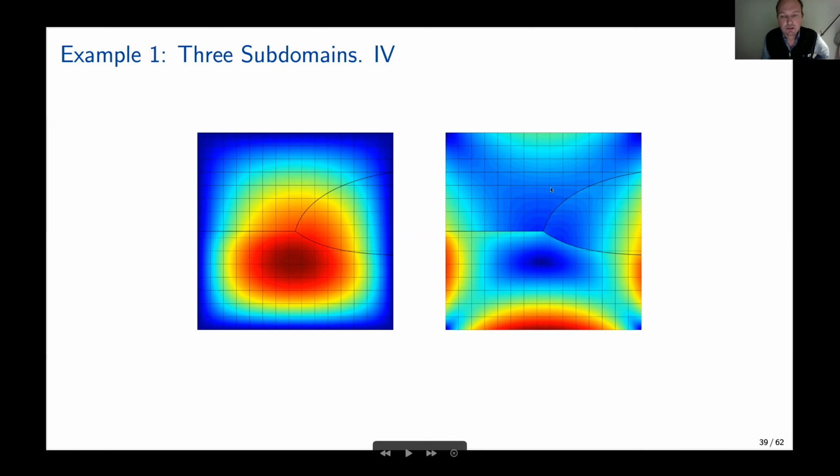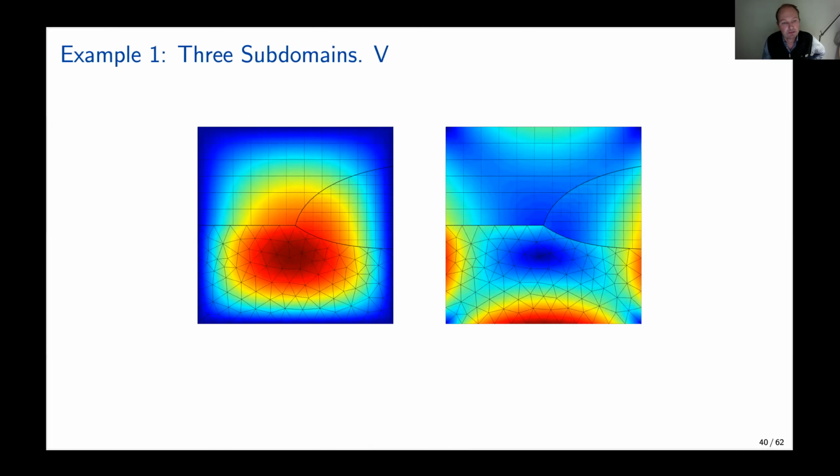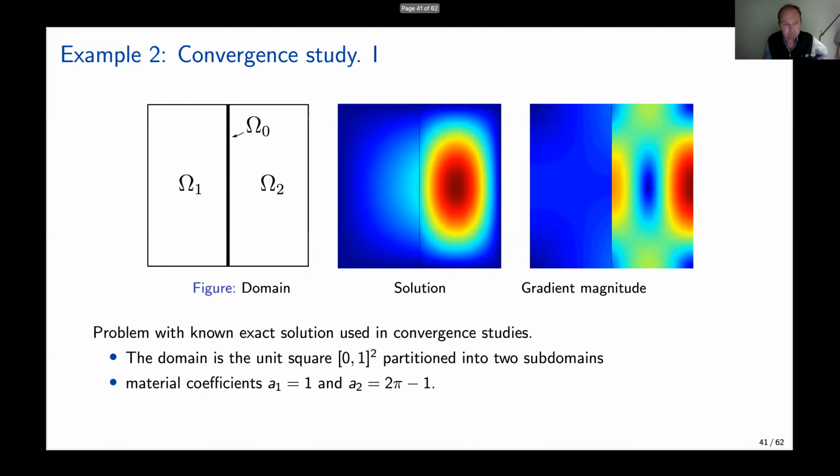This is the pressure, and this is the gradient, and here is the global polynomial approach. Obviously, if you have small details in the solution, you will have to either use high order polynomials or some kind of refinement. You have to split this into different components, because otherwise you can't resolve that, of course, and we'll see that in a second. So let's look at the convergence study to see how that works.